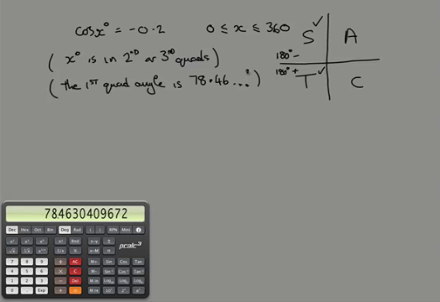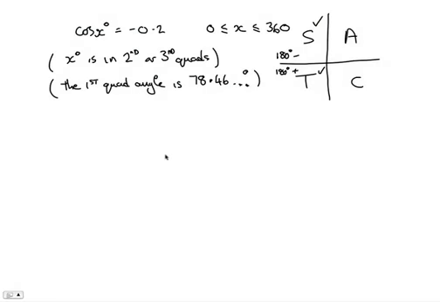So the first quadrant angle is 78.46 degrees roughly. And we know that the angle to solve this equation is in the second or third quadrants. So I now have all the information I need to solve this equation.